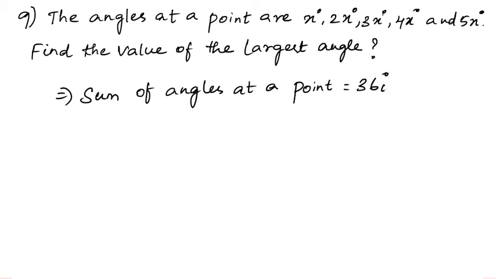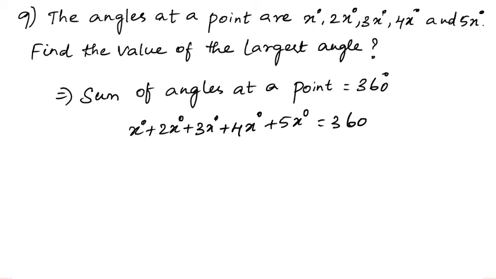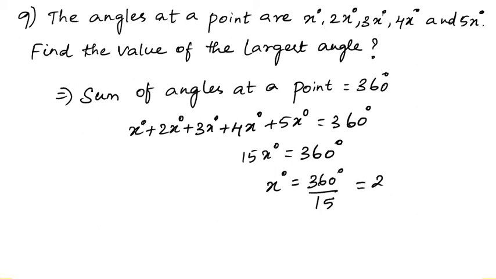And we have x degree plus 2x degree plus 3x degree plus 4x degree plus 5x degree is equal to 360 degree, and when you add your LHS we'll get 15x degree which is equal to 360 degree. So x degree value is equal to 360 divided by 15. So when you divide you will get x degree value to be 24 degree.